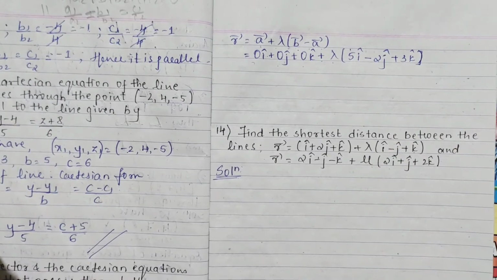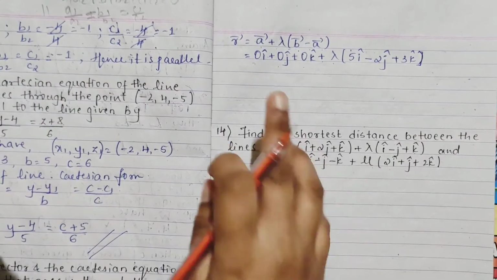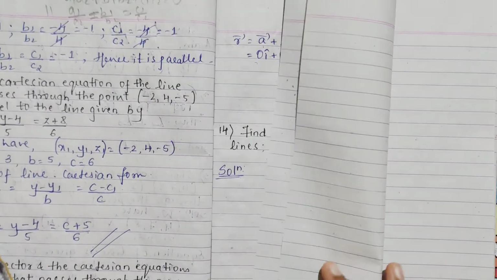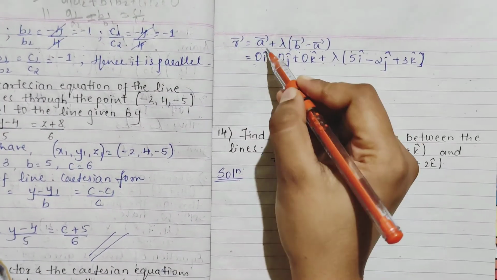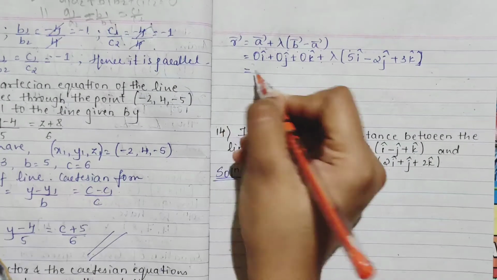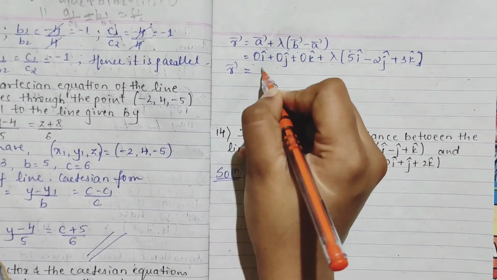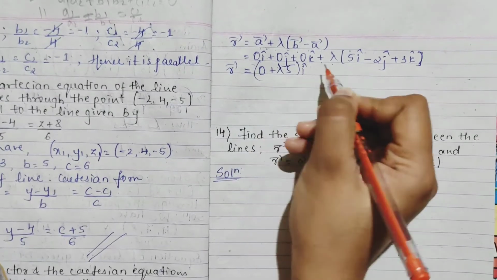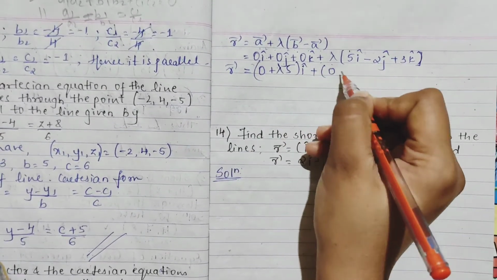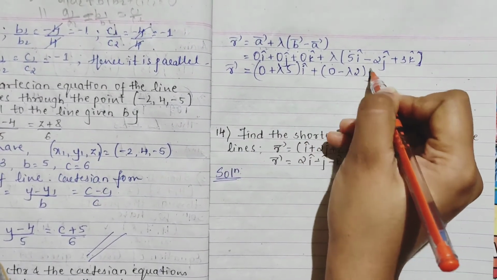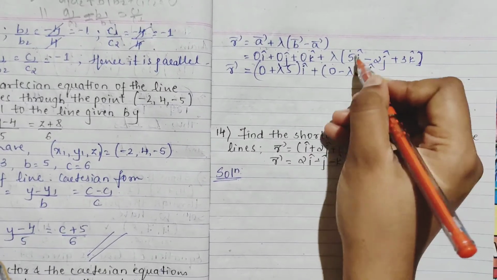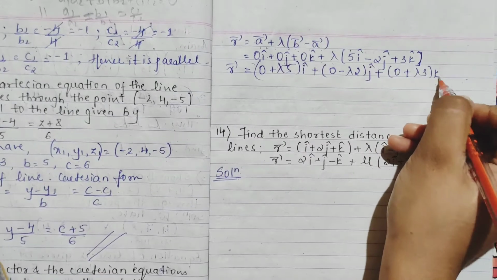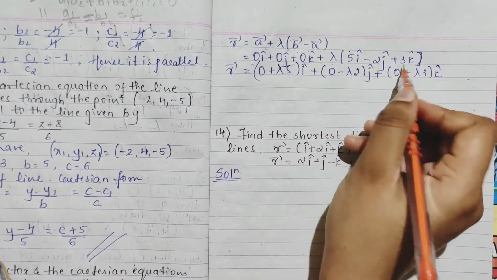Okay, now just multiply and group it. Your i cap, what you will get: 0 plus lambda 5 i cap, plus 0 minus lambda 2 j cap, plus 0 plus lambda 3 k cap. You can see this lambda you have to multiply.